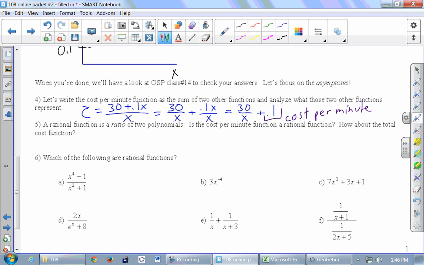What is the 30? Well, the $30 was the fixed cost of having the cell phone in the first place, and then it gets divided into x equal pieces. So this other part right here, this 30 over x, is the fixed cost, and then it's spread out evenly among the x minutes.